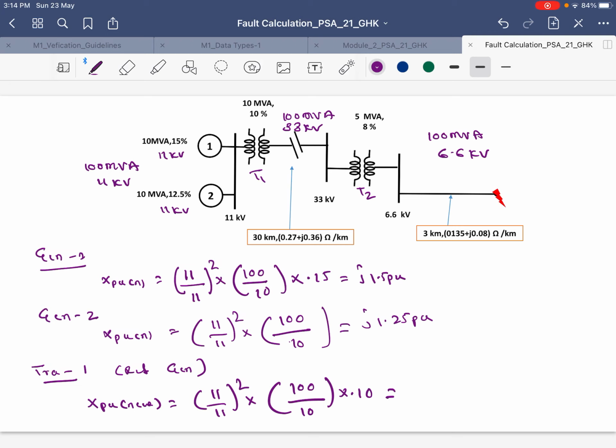Therefore, for transformer 1, I get j1.0. Similarly, you have to calculate for transformer 2. For transformer 2, I am referring to the 33 kV side.